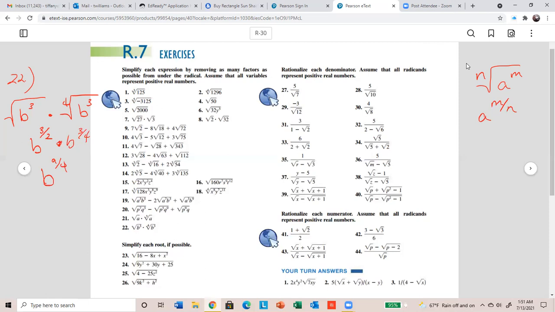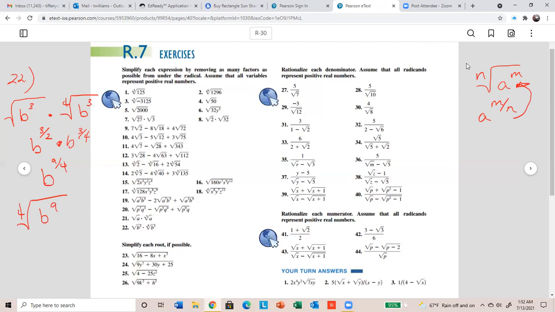Okay, now here's the thing about this. Because my problem started with radicals and they want me to write my answer as radicals, this b to the 9/4 is not going to cut it. I've got to rewrite it as a radical, and once I do, I may be able to clean it up. Using this rule again, I'm just working backwards this time. B to the 9/4 is actually the 4th root of b to the 9th.